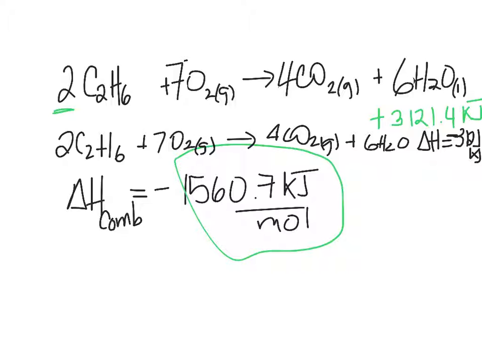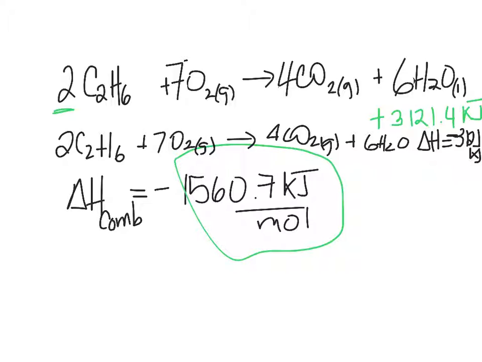If a question asks you to put information in a thermochemical equation, you pick which one you want. I don't have a preference. Okay? So now you've got 3 ways. You've got thermochemical equation 1, thermochemical equation 2, molar enthalpy.